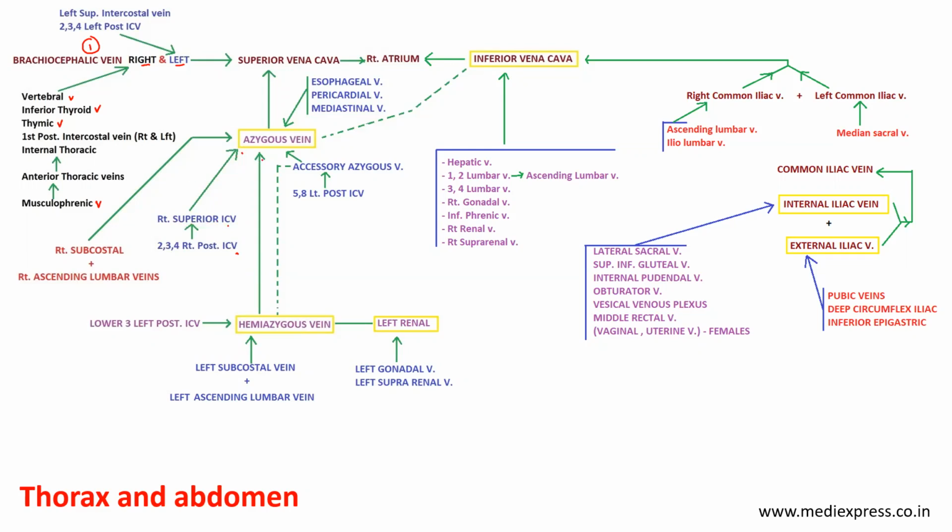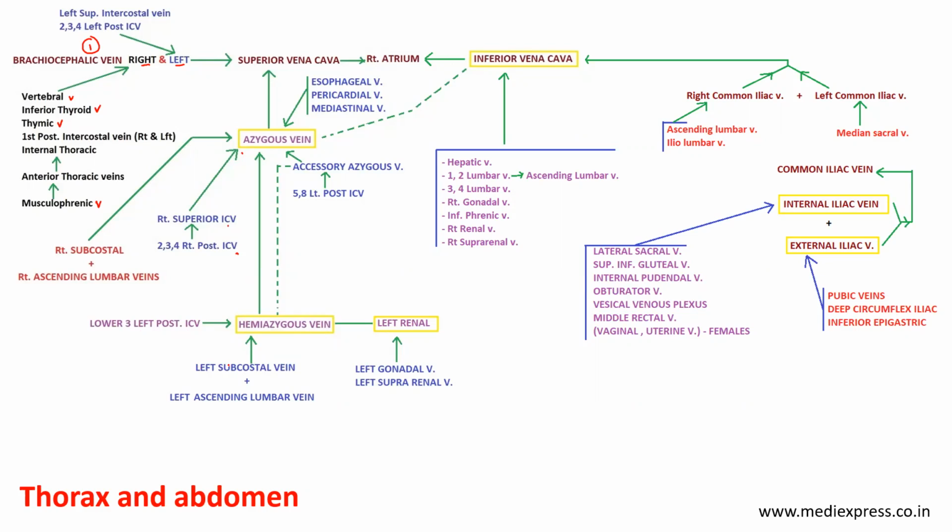Okay, now there are few other, that is the left ascending lumbar vein along with left subcostal vein together. This blood together will drain as hemiazygous vein. There are few other veins from where it gets, that is the lower three left posterior intercostal veins. Remember, lower three left posterior intercostal veins.